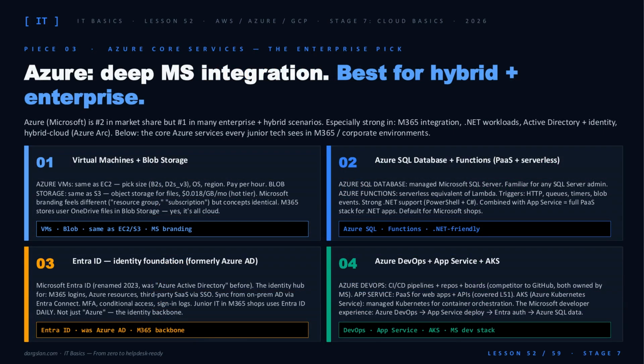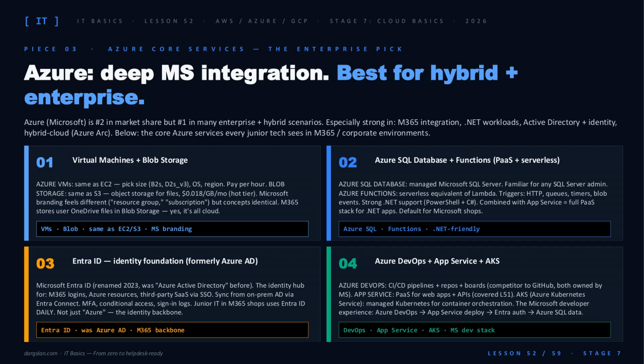Let's apply that lens to Azure, Microsoft's cloud, number 2 in market share, but often number 1 inside enterprises running M365, Active Directory, and .NET. The building blocks map cleanly. Azure VMs are EC2, Blob Storage is S3, Azure SQL is your managed SQL Server, and Functions is Lambda's twin for serverless triggers.